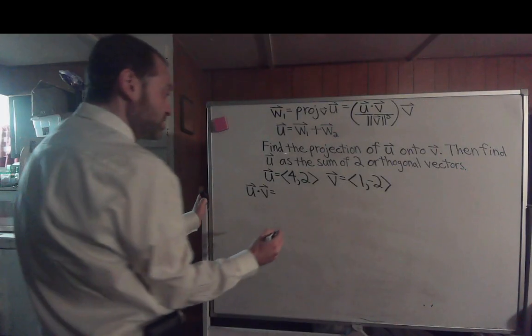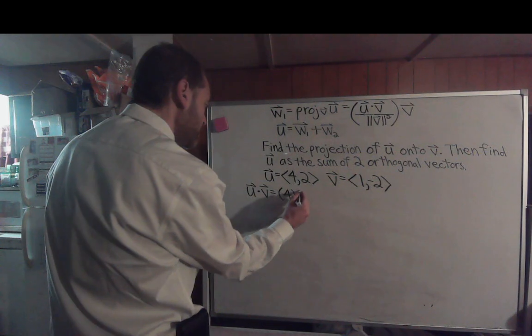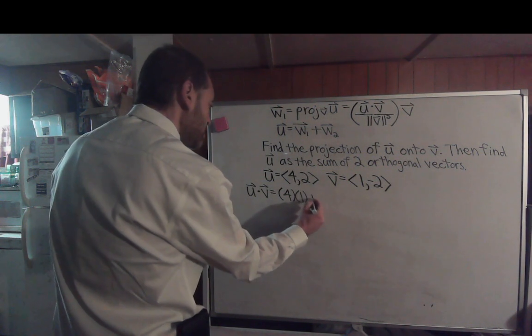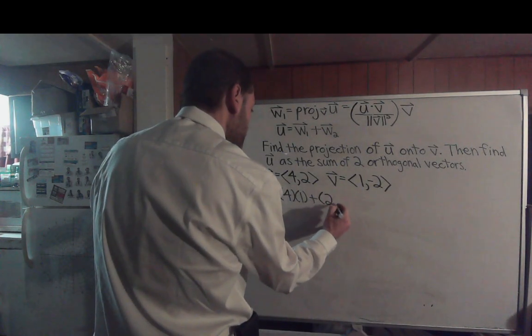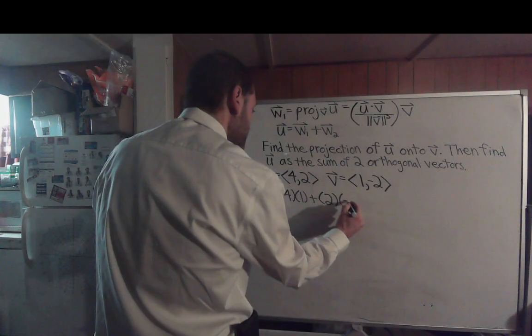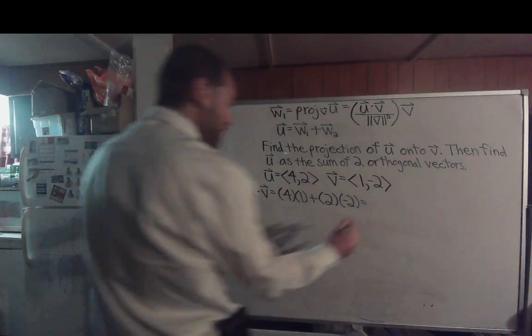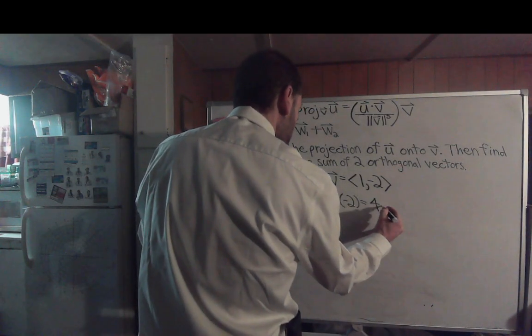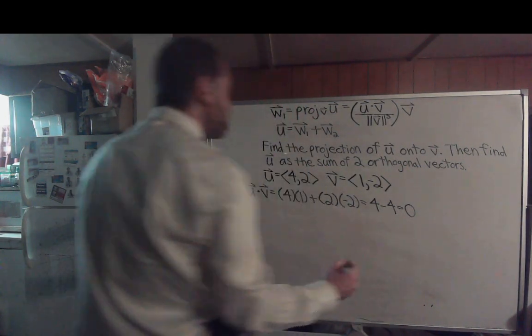So that's going to then be, of course, you'll take that 4 times that 1, plus you'll end up taking 2 times that -2, which in this case is going to end up being 4 minus 4, which would be 0.